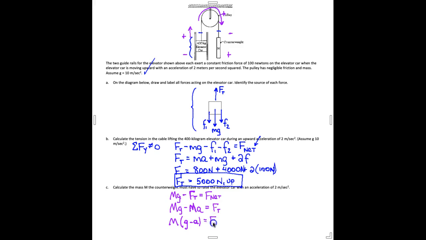I know what Ft is. Ft was solved for in part B. It's 5,000. And g minus a is 10 minus 2. Both of these are also known. And so 10 minus 2 is 8. And I can say, therefore, that M is equal to 5,000 newtons, which is the tension, divided by 8 meters per second per second.